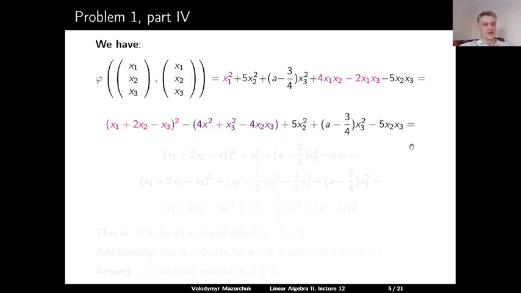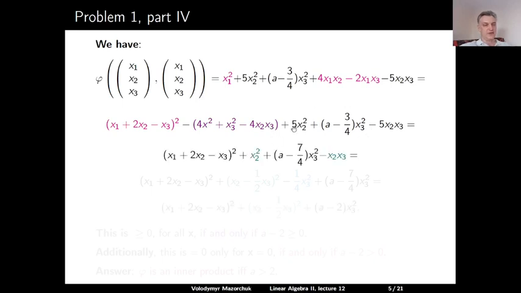And then we just write the rest, just copy it from the previous expression, plus 5x2 squared plus x3 squared with a coefficient (a minus 3) divided by 4 and minus 5x2x3. By the way, there is a lower index 2 missing here in this summand.